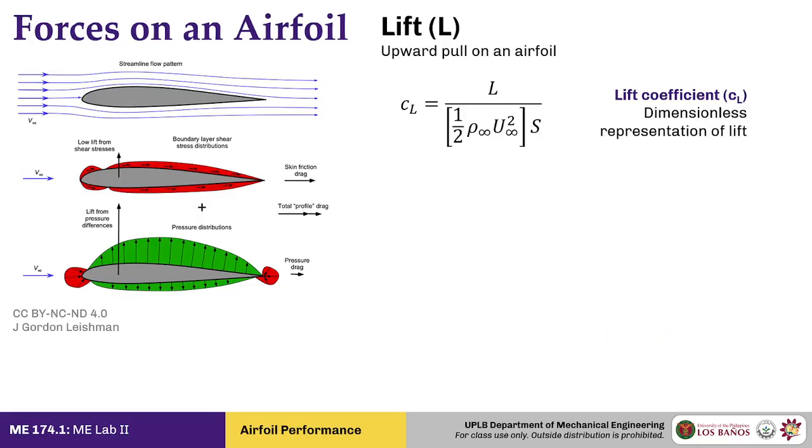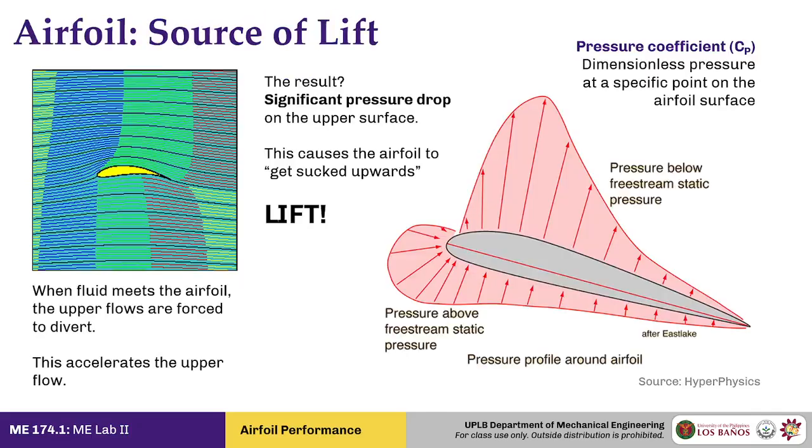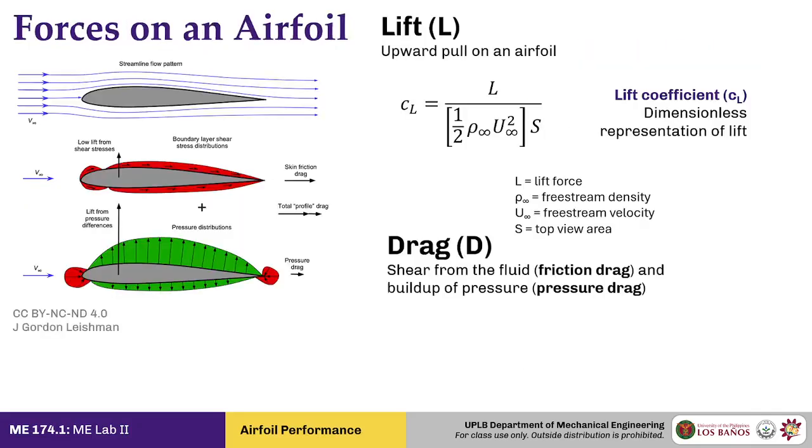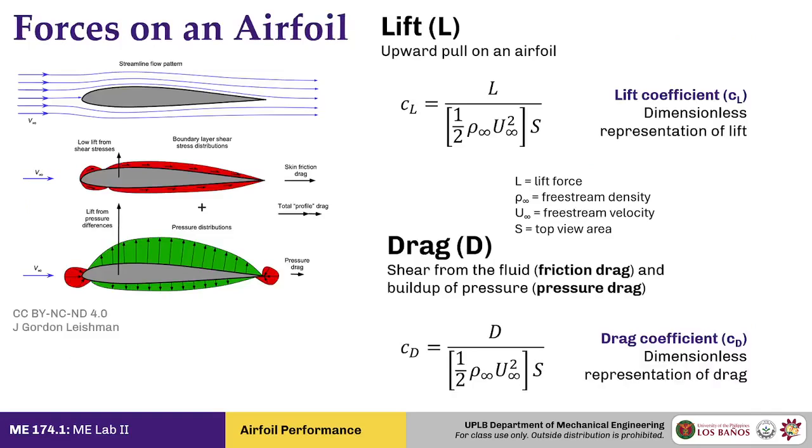All right, so let's look at our pressure distribution. Now, if you change the angle of the airfoil with respect to the fluid direction, you will get a different pressure distribution. If you get a different pressure distribution, you will get differing lift and drag values from what you had before.